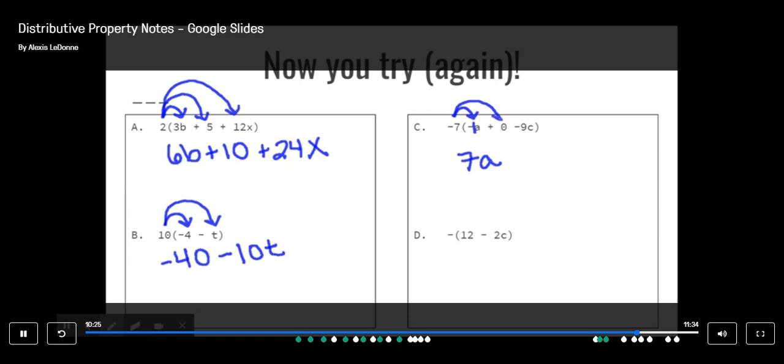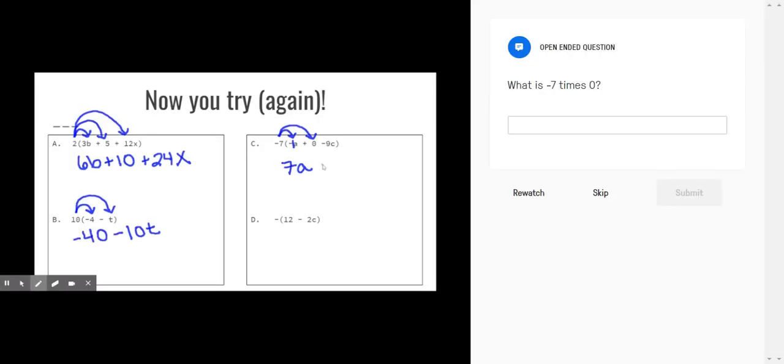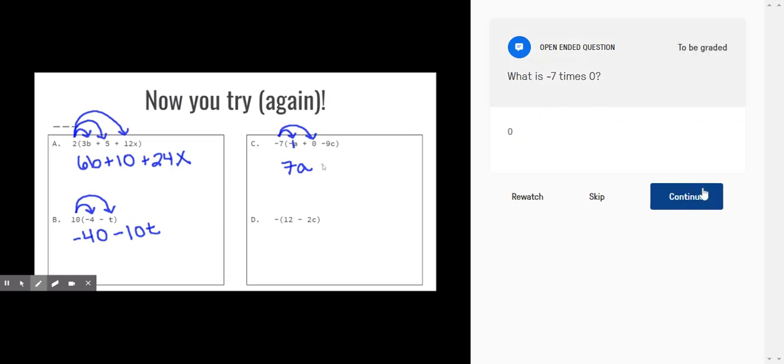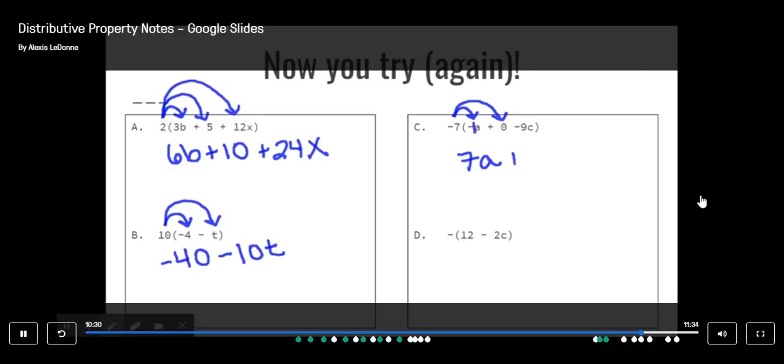Multiply -7 times 0. What's -7 times 0? Good, is 0. And then -7 times -9c would give me what?